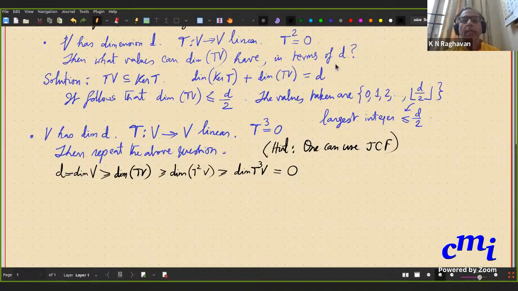Here also we didn't say T squared. You understand what I'm saying. T squared is 0, T could very well be 0. That's not ruled out. That's not excluded. So can it be 0?